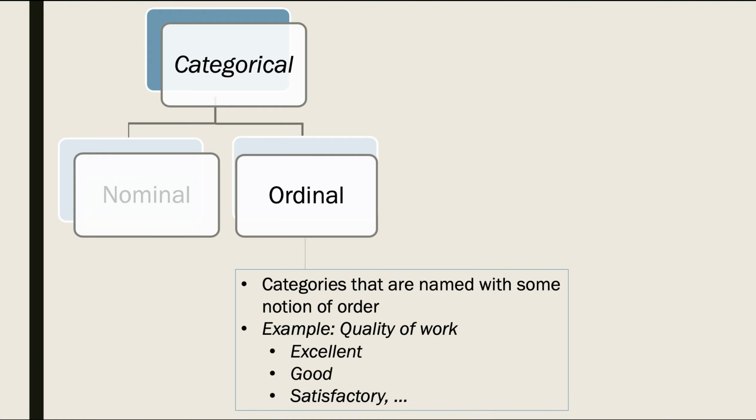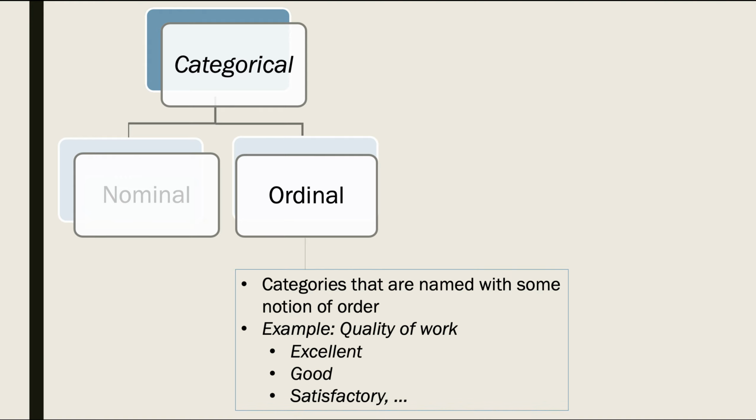Ordinal means that those categories can be in some sort of order. Like for example, if we're talking about quality of work, I can say excellent, good, bad, satisfactory, non-satisfactory. So those categories mean that there is an order between them. So it's not the same.